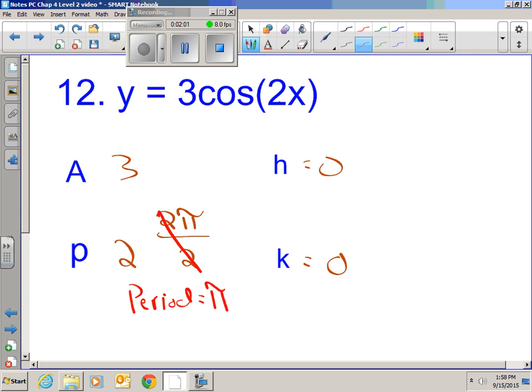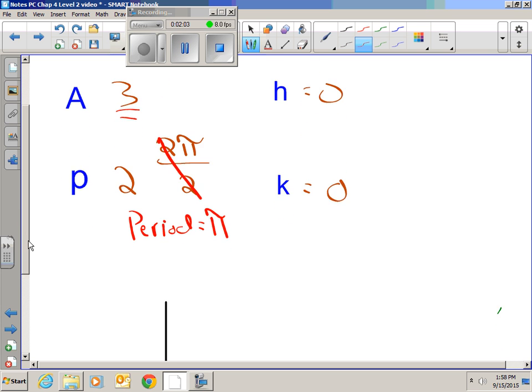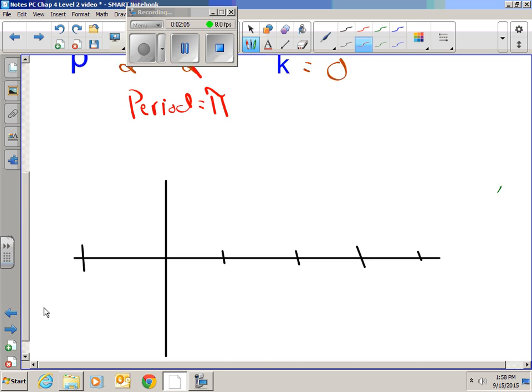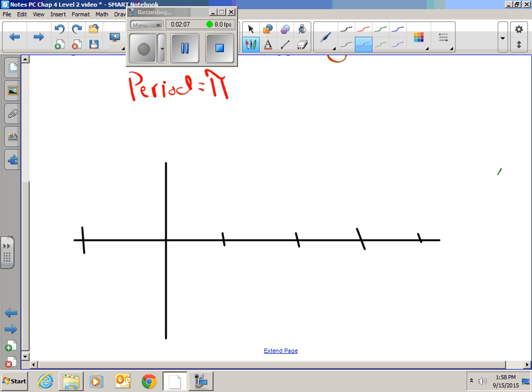So looking down at my graph here, knowing that my amplitude is 3, I'm going to draw one period of a cosine. Notice I'm plotting my cosine curve so that there are 4 parts. There's always 4 pieces of a period of a trigonometric function, one for each quadrant.